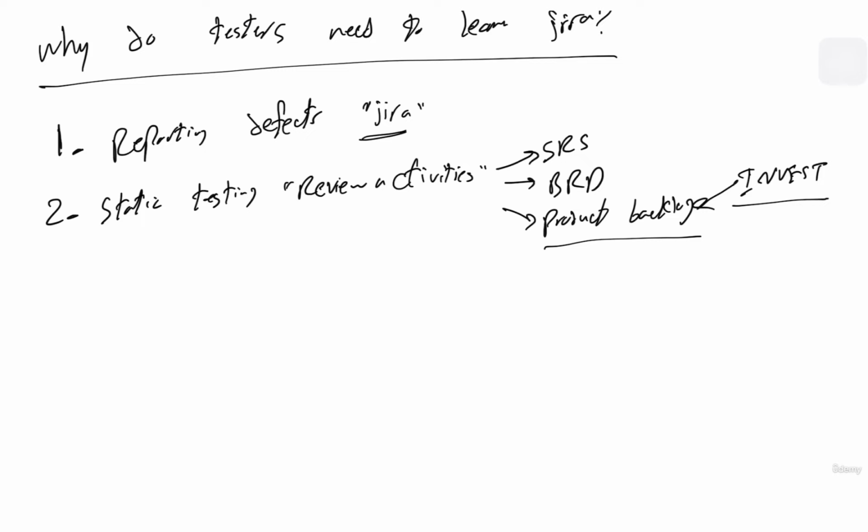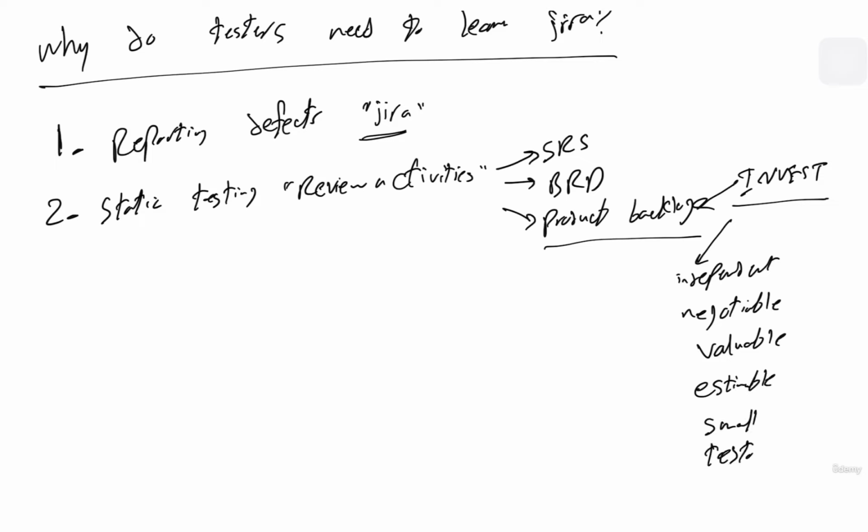The INVEST technique makes sure that the user story is independent, negotiable, valuable, estimable, small, and testable. Okay, those are the 6 aspects of the user story. Your responsibility as a software tester is to review them.